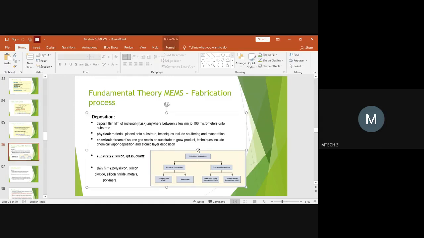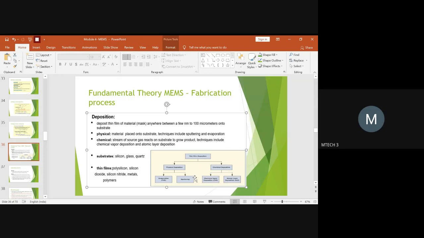So in brief, this theory of MEMS mainly tells you about thin film deposition. This thin film deposition could be done either by physical deposition or by chemical deposition. In physical deposition, we have two methods. One is the evaporation technique, which is called PVD, and the other one is sputtering. That means you use a sputtering unit or a spray gun and you sputter the film uniformly on the layer of the substrate, so a thin film will get deposited on it.